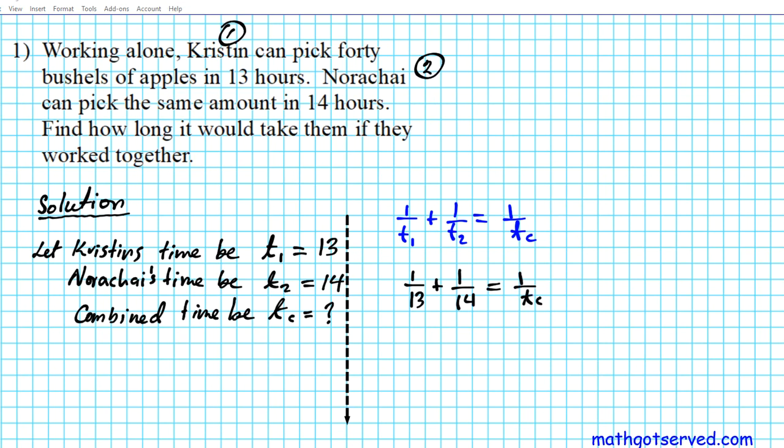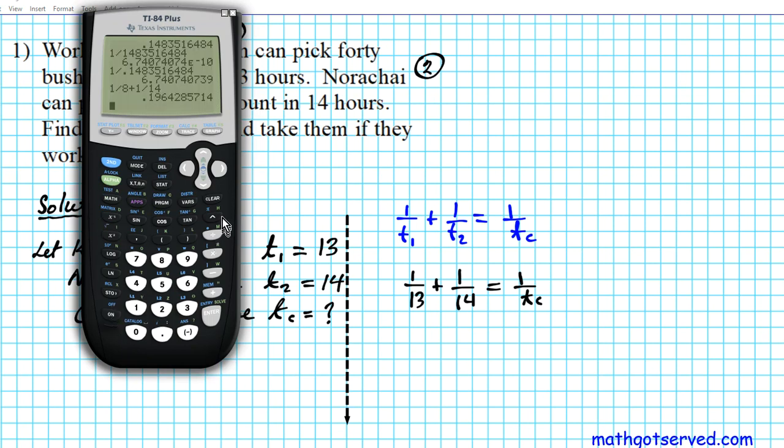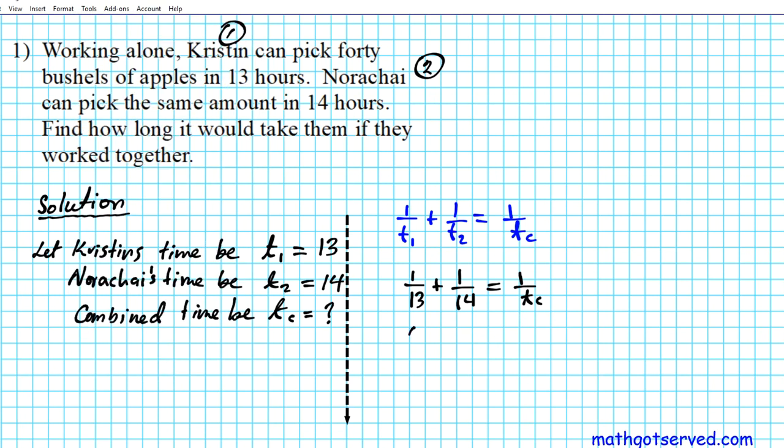In this presentation, you're free to use a calculator. So we have 1 divided by 13 plus 1 divided by 14. Enter. We have 0.14835, which is equal to 1 over the combined time.